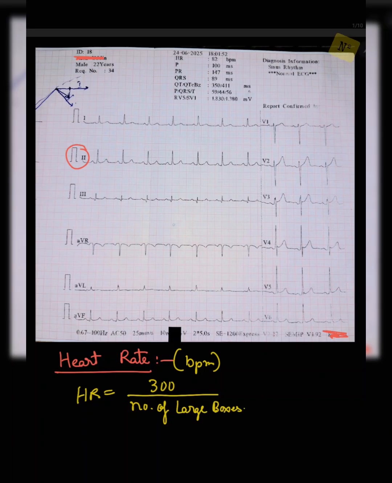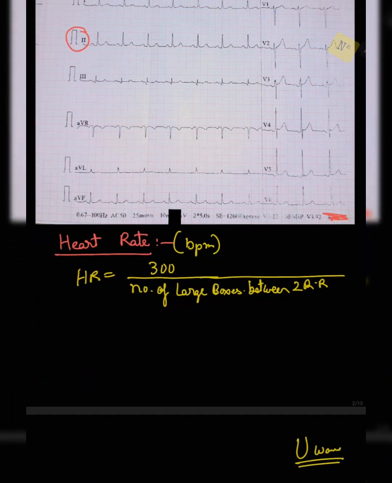This is one box, this is another box, this is one large box. How many such large boxes come between two RR waves?